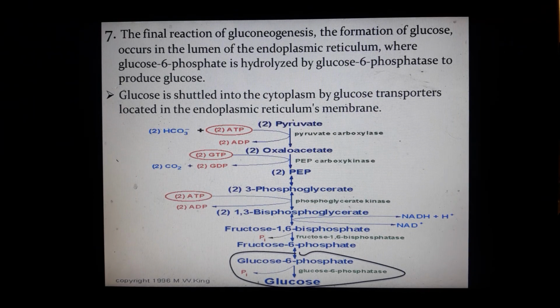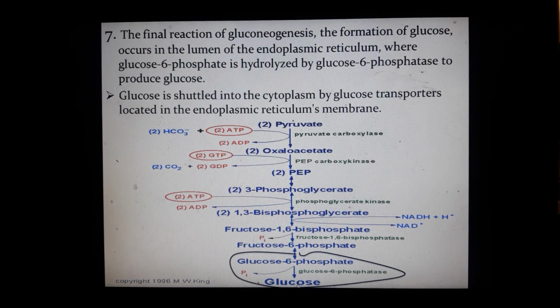To generate energy. Meaning the last step, step 7 of gluconeogenesis, is the reverse of step number 1 of the glycolysis process, wherein glucose 6-phosphate is converted to glucose, acted on by the glucose 6-phosphatase enzyme. But if it is glucose to glucose 6-phosphate, that is hexokinase, so that is the glycolysis process.